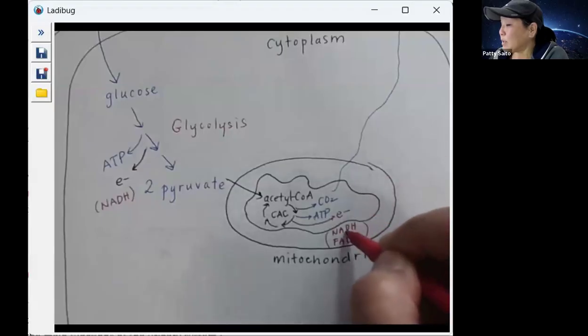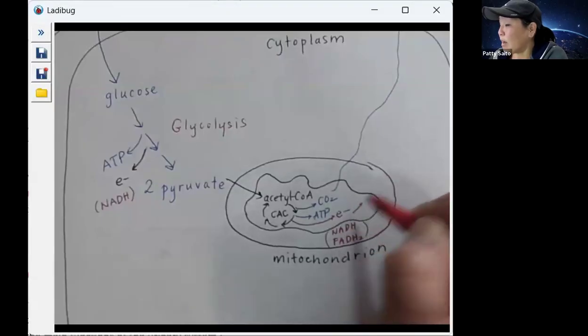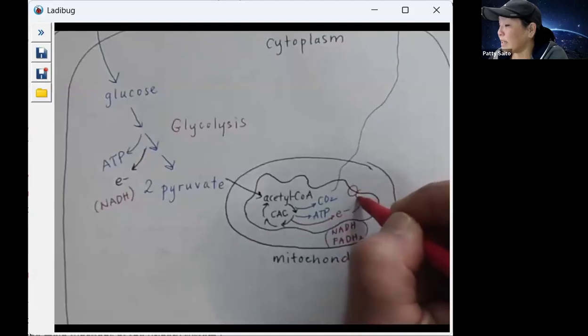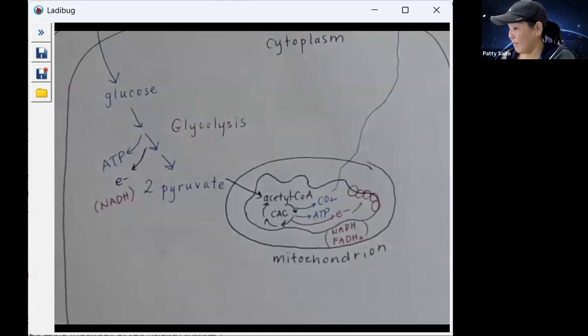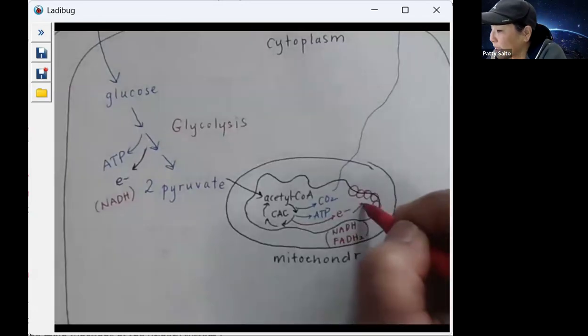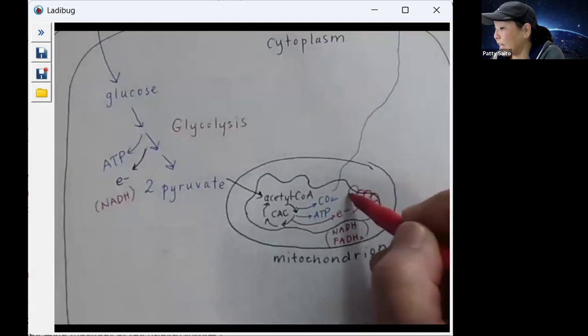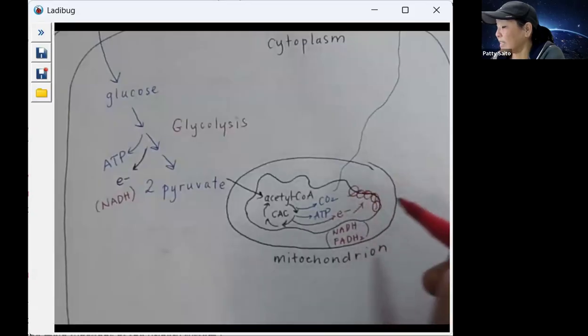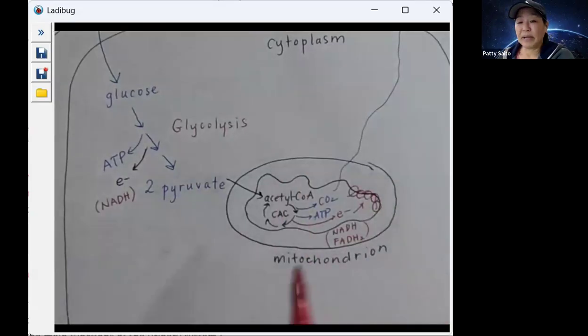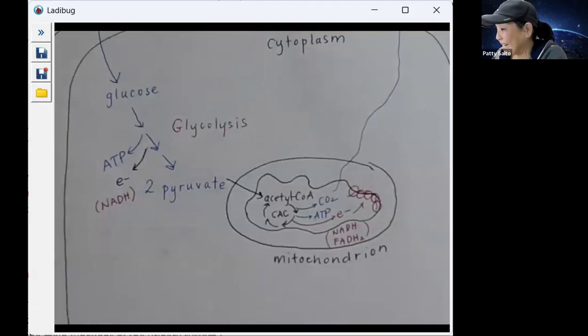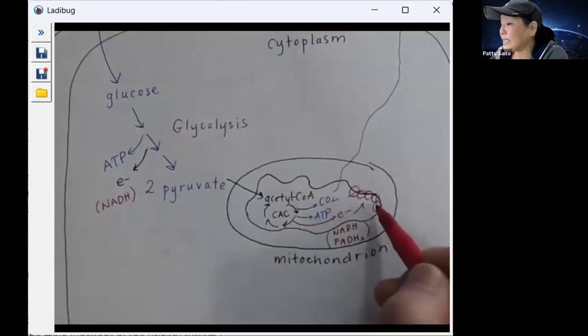And what these molecules do is transport the electrons to a series of proteins embedded in the inner membrane of the mitochondrion. So these electrons are carried along these. I'll make this a little bigger so it's easier to see, but right now, just pay attention here. So what happens to these electrons?